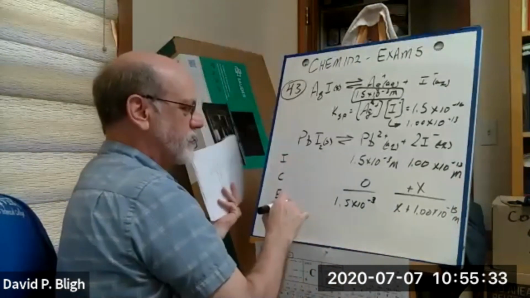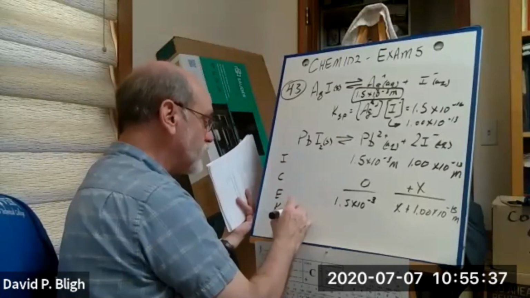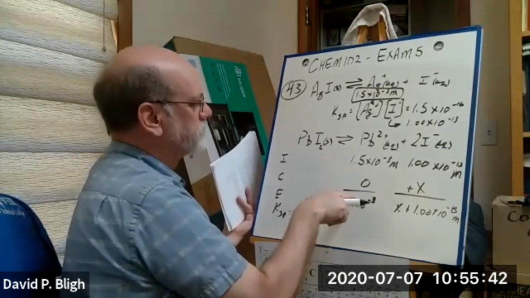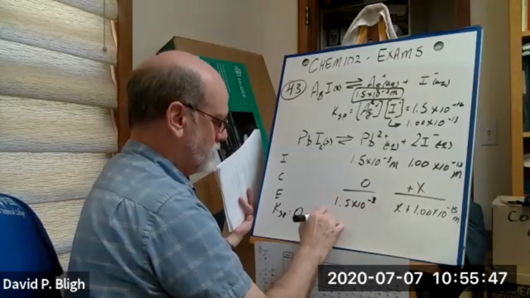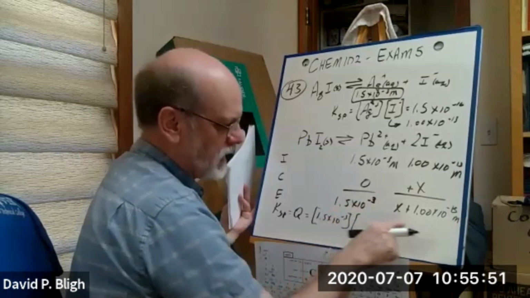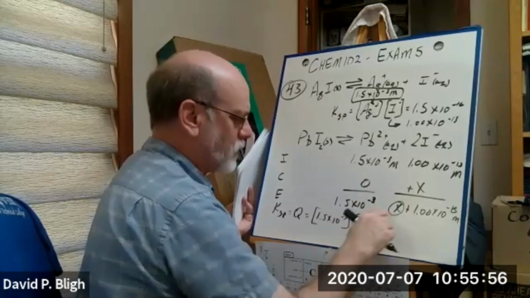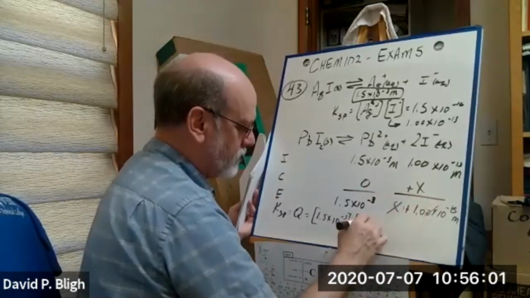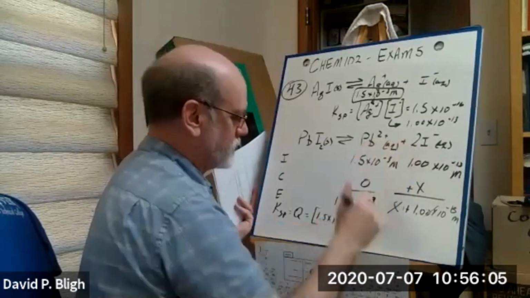So that means our expression, KSP, actually our Q, is this one. And this one is going to drop out. And now all we have, no, excuse me, that stays. This one drops out. Now we have X, and our expression then is squared.